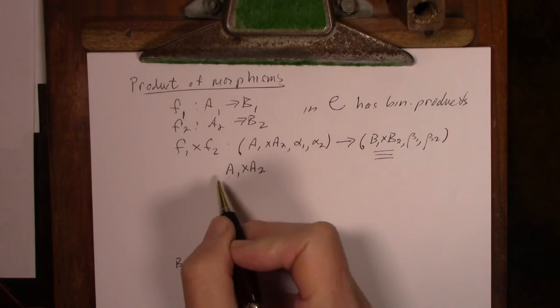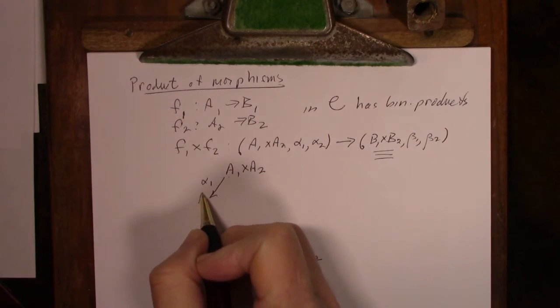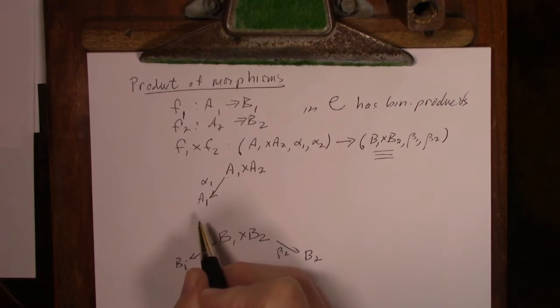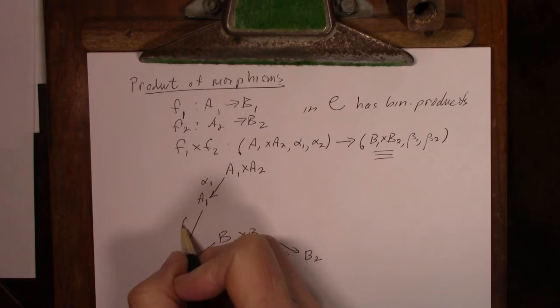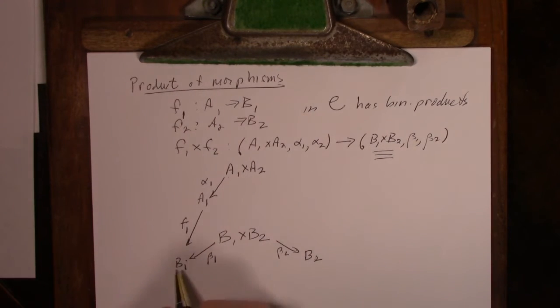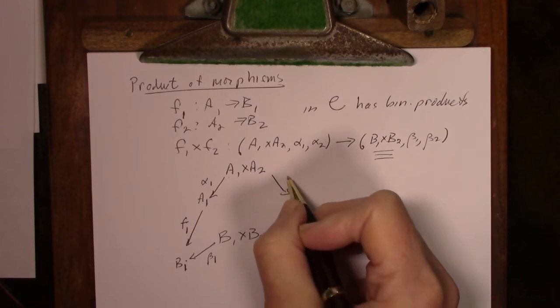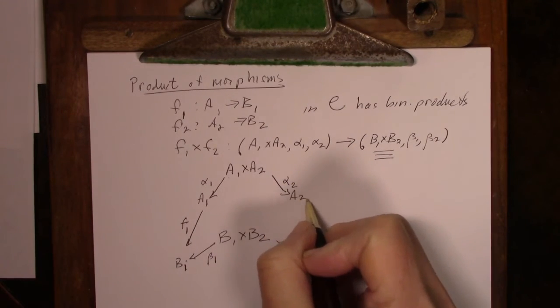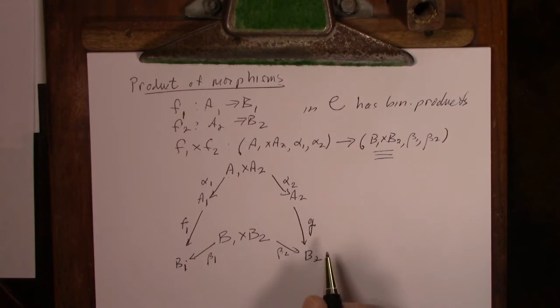But we have a projection alpha 1 into A1, and then we can use F1 to complete this side here and take us to B1. And we do the same thing on the other side. Alpha 2 goes to A2, and F2 then continues to B2.